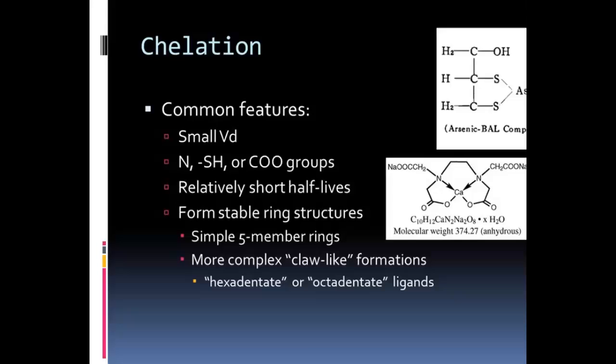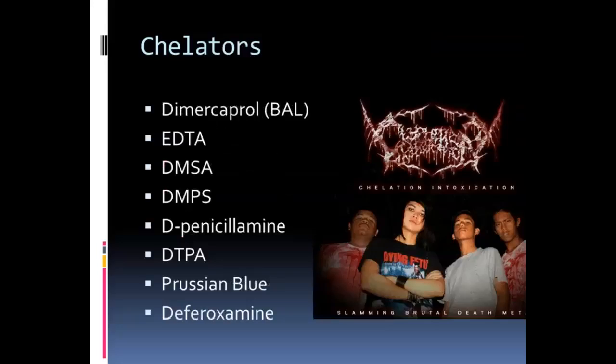A couple of examples: in the upper right is BAL binding to arsenic, forming a ring structure, and then the calcium-sodium EDTA on the bottom there. Now, like all great lectures, there's always a heavy metal band associated with it, and I can't attest to chelation intoxication's music.